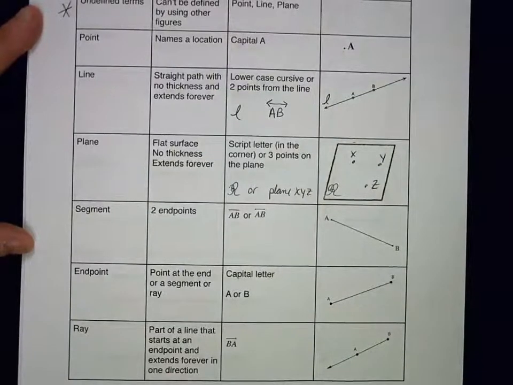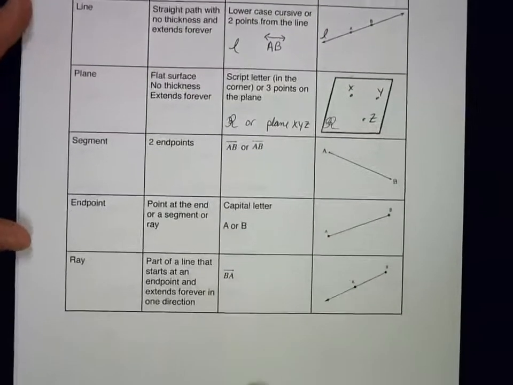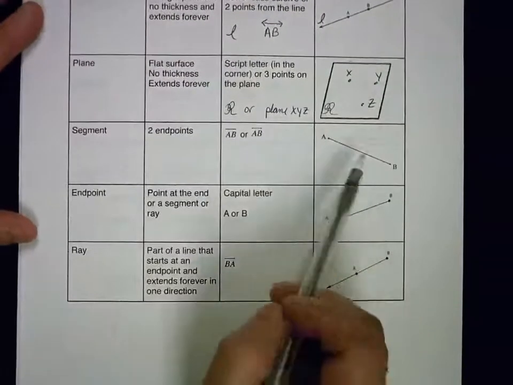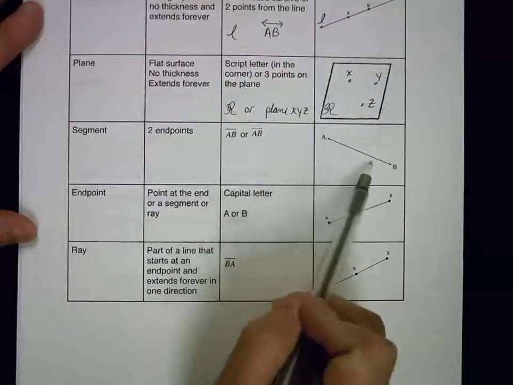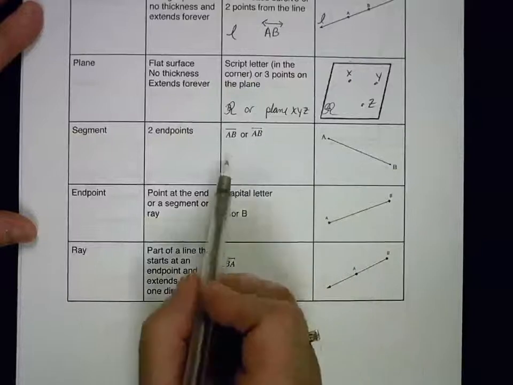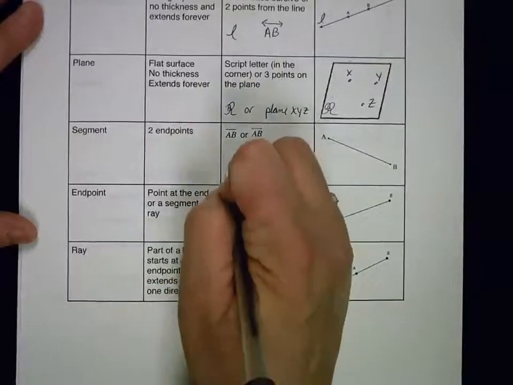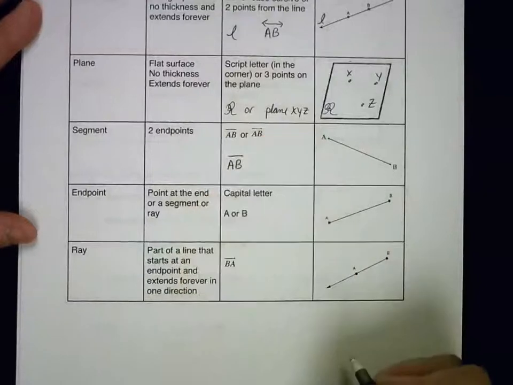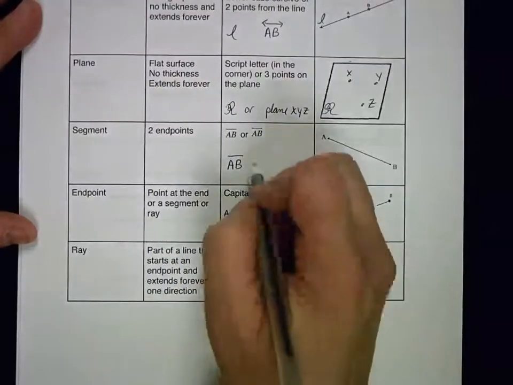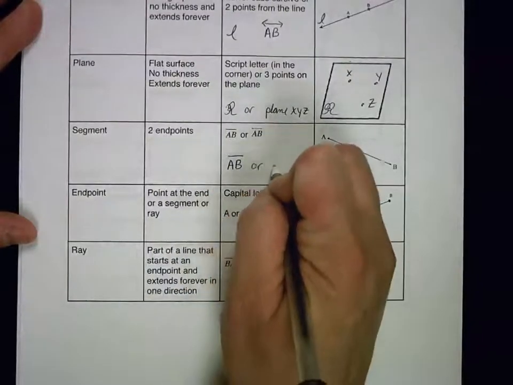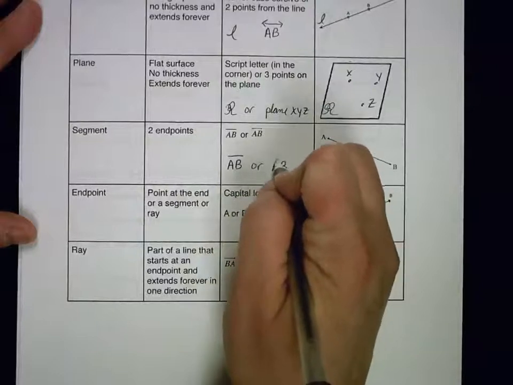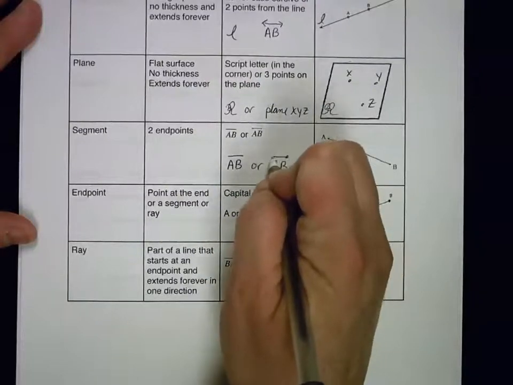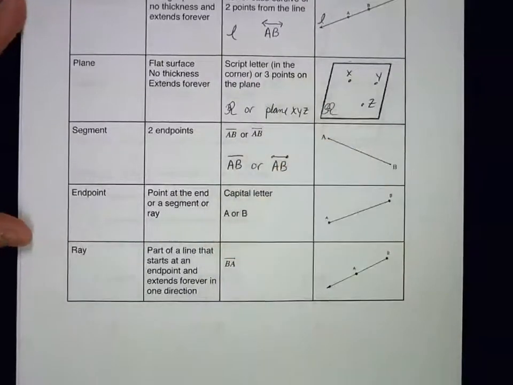A segment is part of a line that has 2 endpoints, and you'll see here we have the segment AB. I'm going to write it out again. You can either do segment AB like that, or the second one just specifically shows the endpoints.